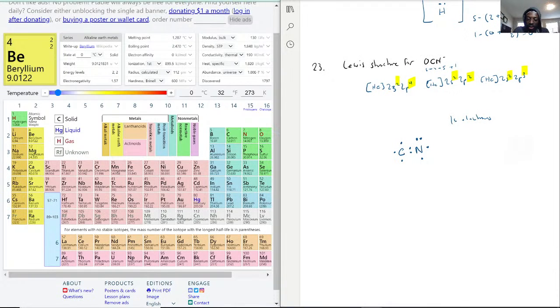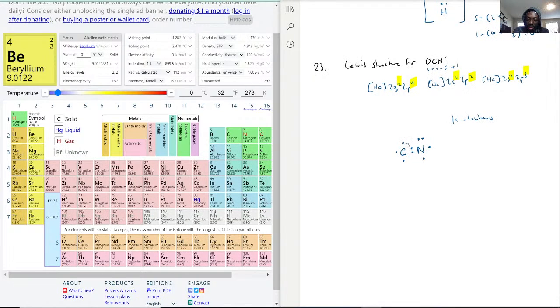So if we did this and that, and then these ones went in as well, you'll be able to see the picture now of where it's carbon, N, and because we have that one electron I haven't accounted for just yet, it's going to be right there.